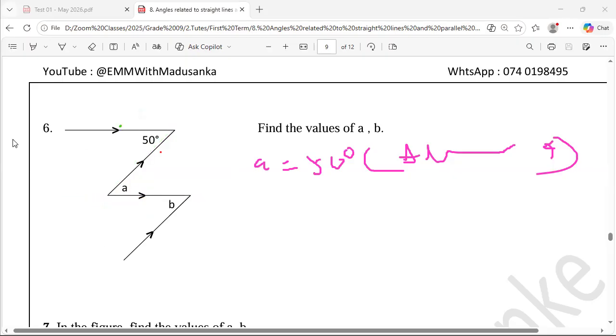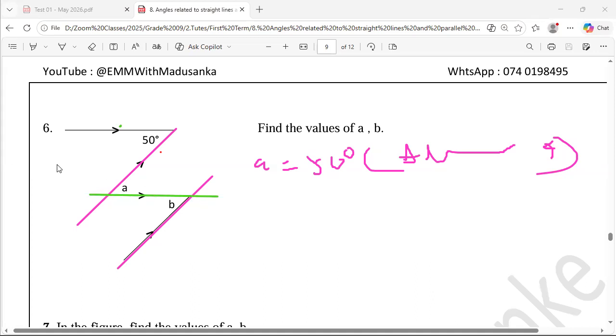Then what you can see here is another type of alternate angle. So if you see this line, when you make a parallel line and this parallel line, if you consider these two parallel lines and the middle line acts as a transversal, yes, it is a parallel line, but it acts as a transversal.